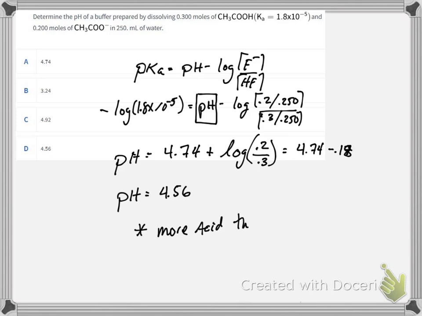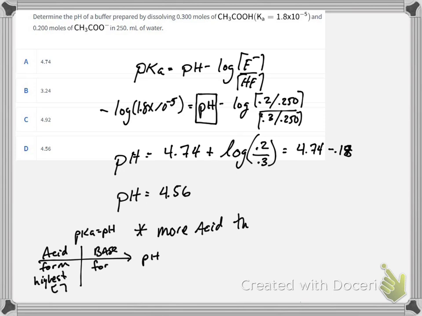And then we ask, does this make sense? If we have 0.3 moles of the acid, but only 0.2 moles of its conjugate base, so we're on the acid side, meaning if we make our pH line here, the acid form has the highest concentration on one side, the base form on the other.